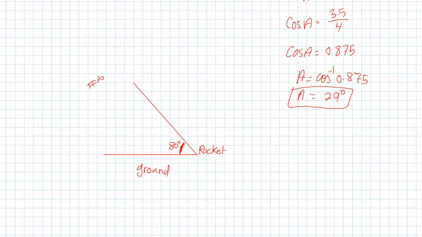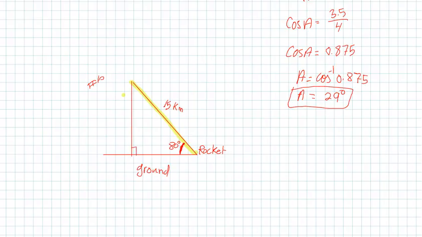It traveled for 15 kilometers, right? Because remember, this is the path of the rocket. So what is the altitude of the rocket? How high is the rocket above the ground?